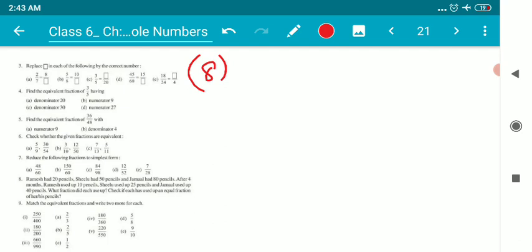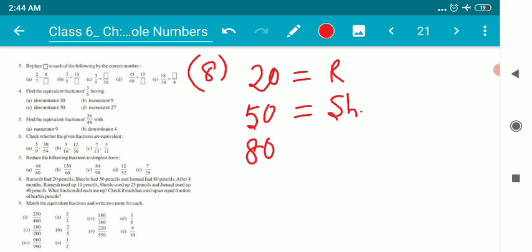Ramesh had 20 pencils. Then Shilu had 50 pencils, and Jamal had 80 pencils. These are the number of pencils they have bought from the market.